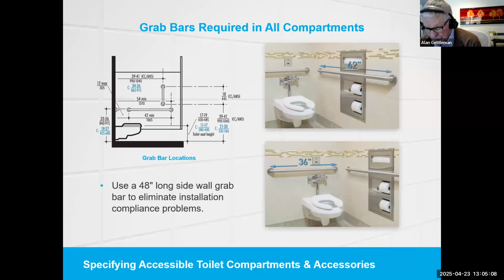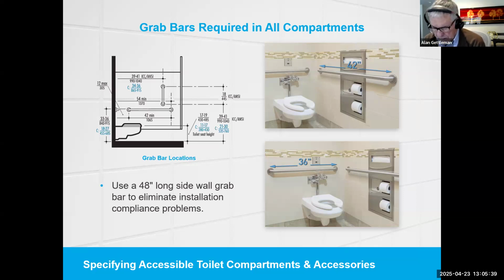The 36-inch horizontal grab bar required to be mounted on the rear wall behind an accessible toilet must be located with 24-inch minimum length required on the open side of the toilet. The rear wall grab bar can be split into 2 bars to accommodate a high-rise flush valve, but you have to have 24-inch minimum length required on the open side of the toilet.